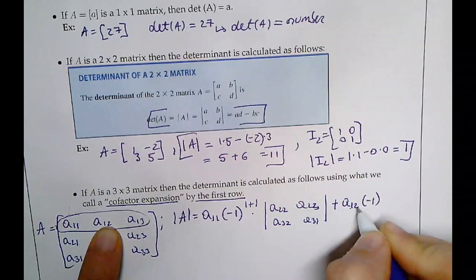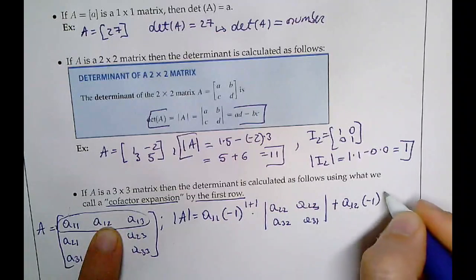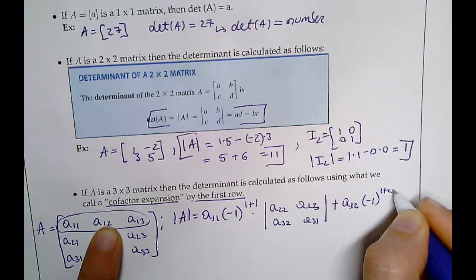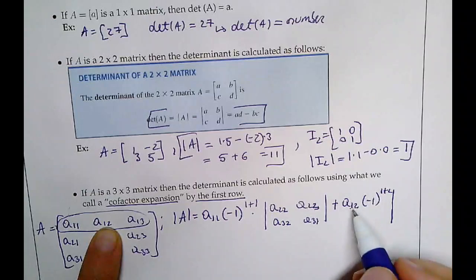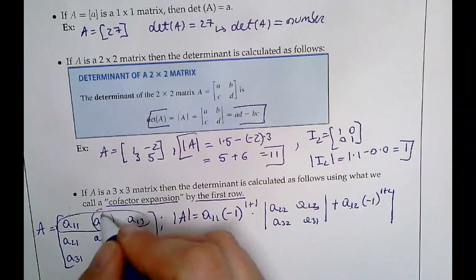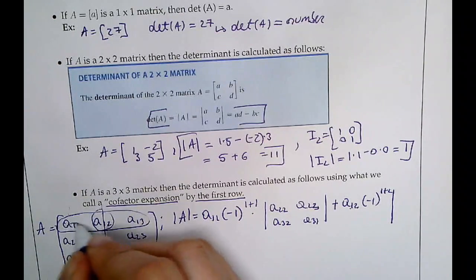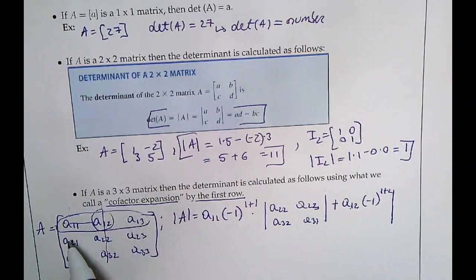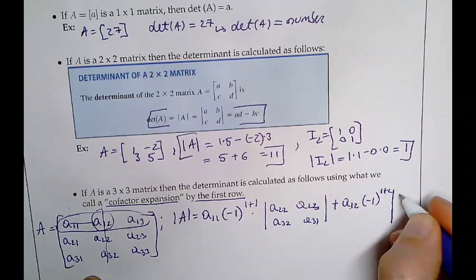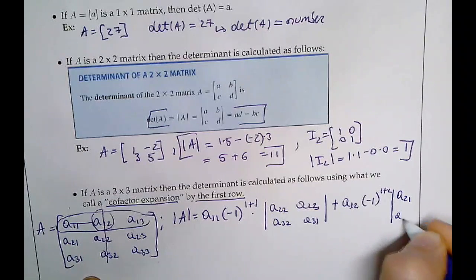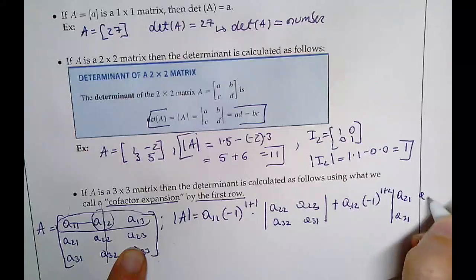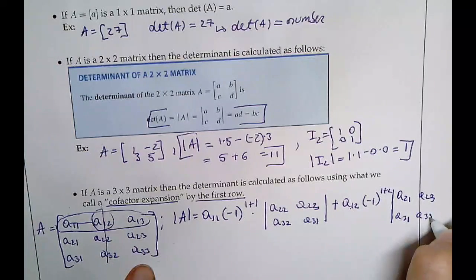You're looking at the indices of A12. And then times, if I remove the first row and the second column now, what am I left with? I'm going to be left with this one, that one, and that one. So A21, A23, A31, A33.